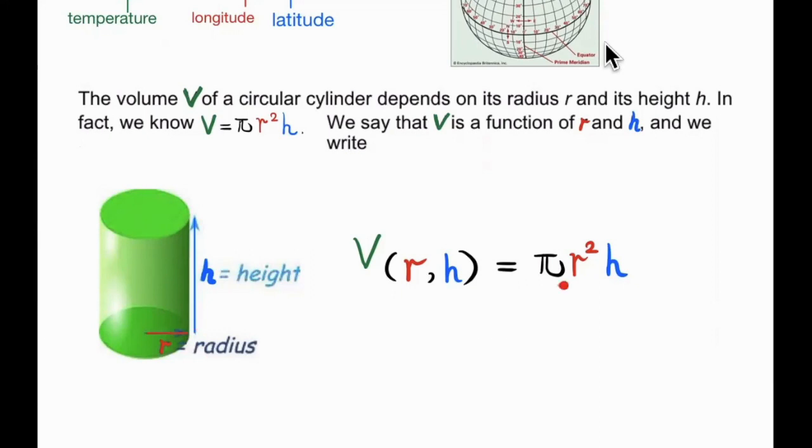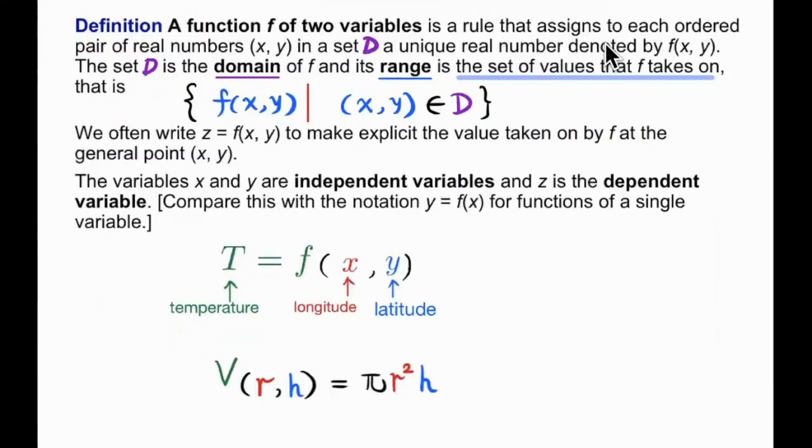And this function is given by this formula, which is pi r squared h. Volume is a function of two variables, r and h. So the two examples we had before are examples of functions of two variables.